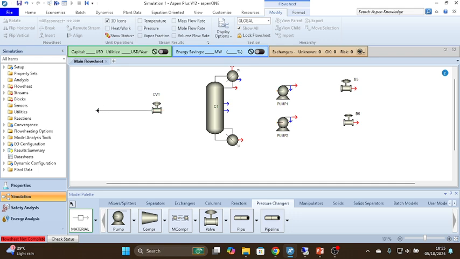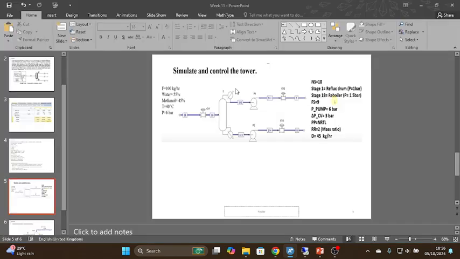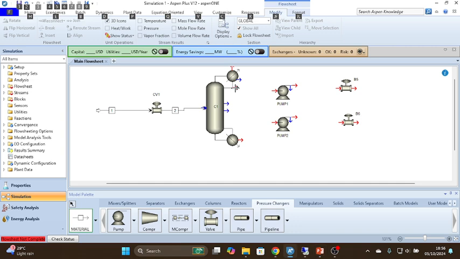So this is the feed, it is entering this column C1. The liquid distillate is going into the pump, the pump outlet is going into control valve 1, and then we have our product. Similarly for the other stream also.